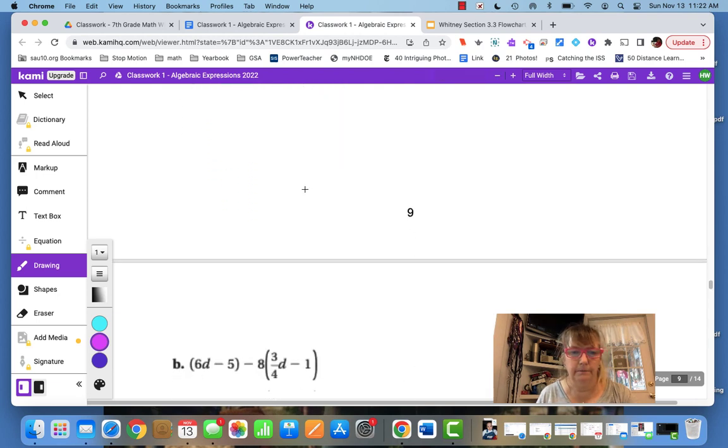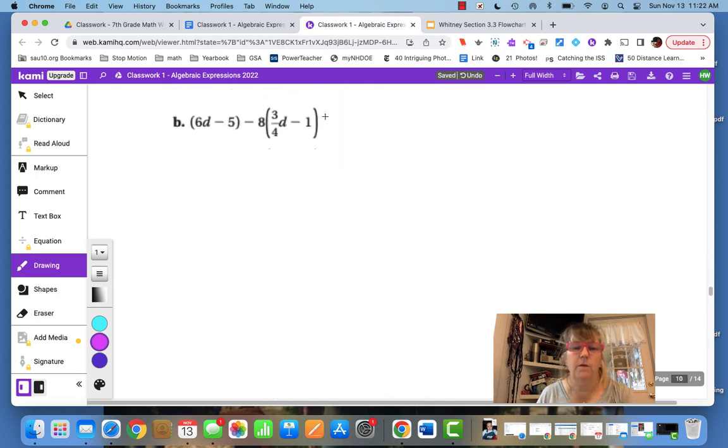All right, let's try another one. Again, slightly more complicated. We're taking this negative 8 and multiplying it times everything inside of the parentheses. This does not have anything outside the parentheses, so that's just 6d subtract 5. Negative 8 times 3/4: 8 divided by 4 is 2, so that's really negative 2 times 3, negative 6d.